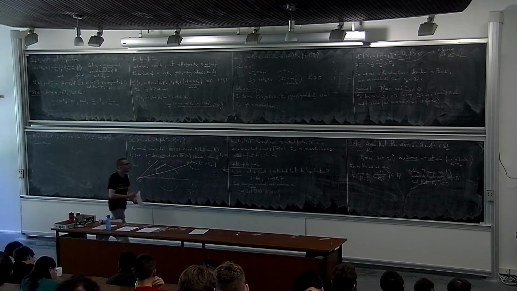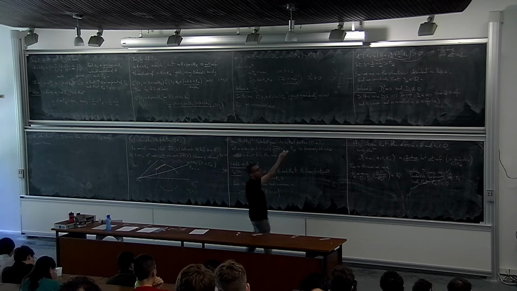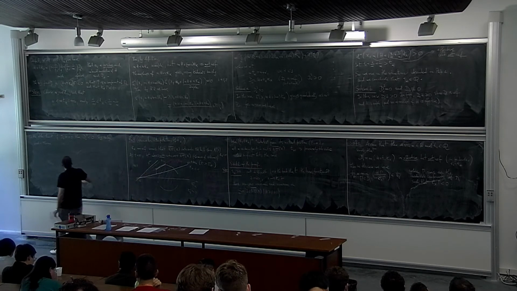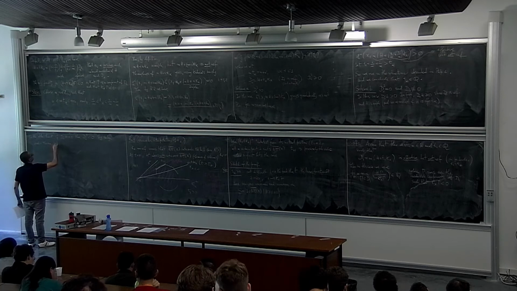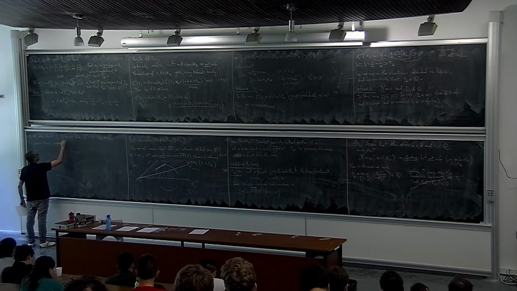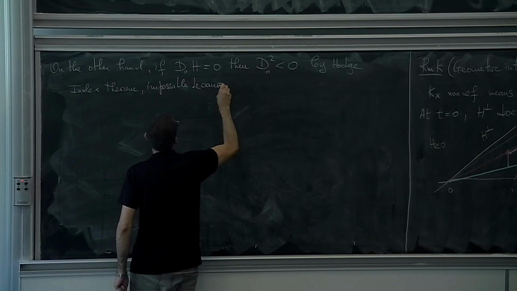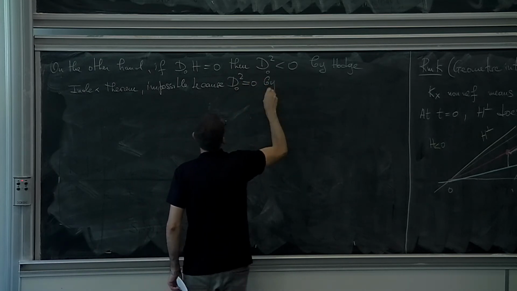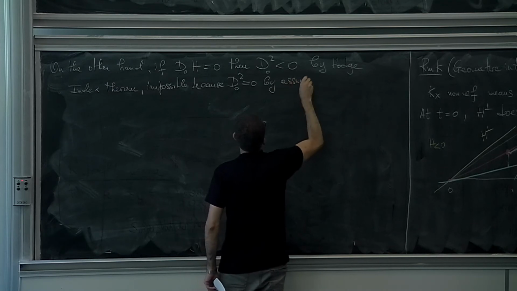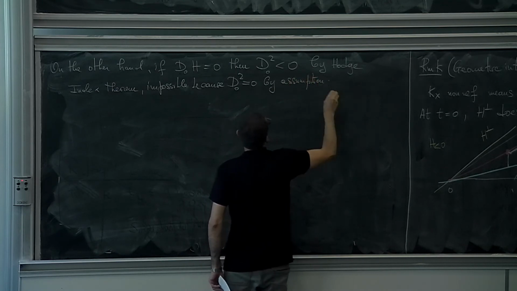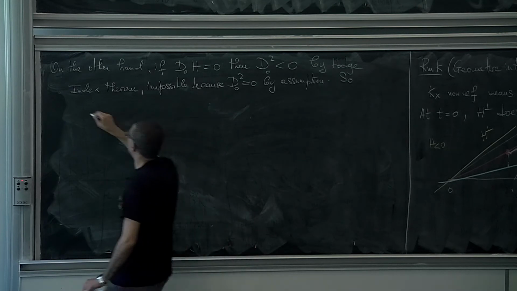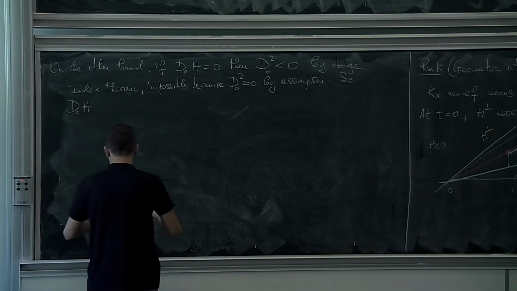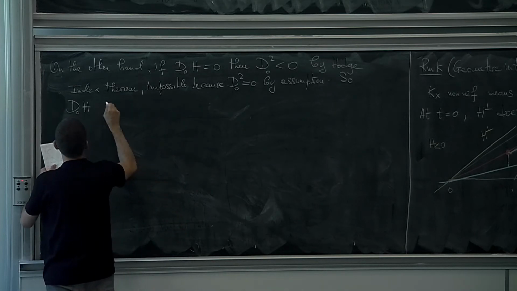But on the other hand, we are assuming that d0 squared is 0. So this is impossible by the Hodge index theorem. So d0h is greater than 0, as claimed.